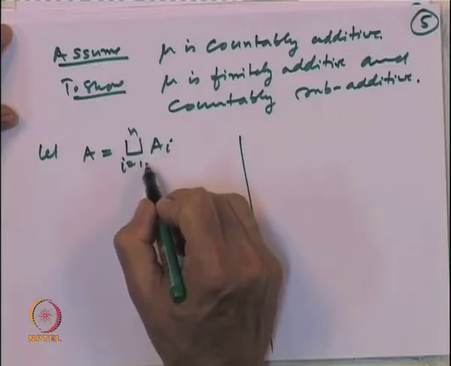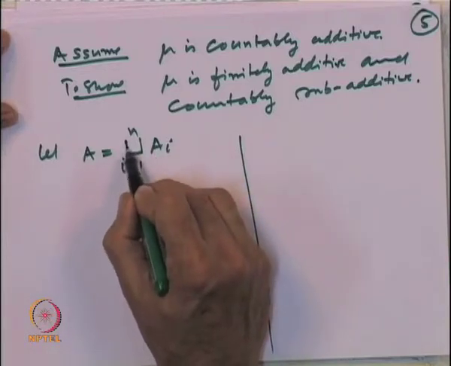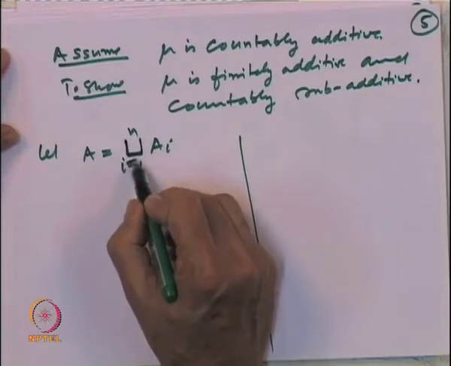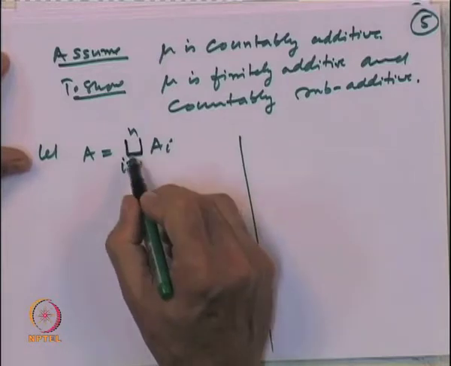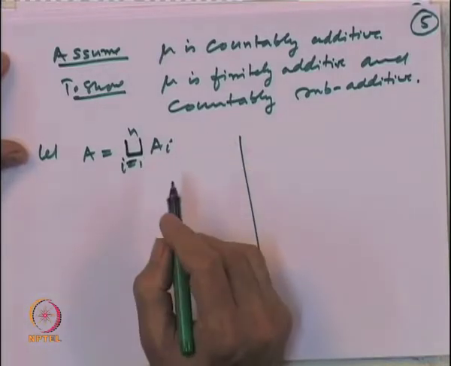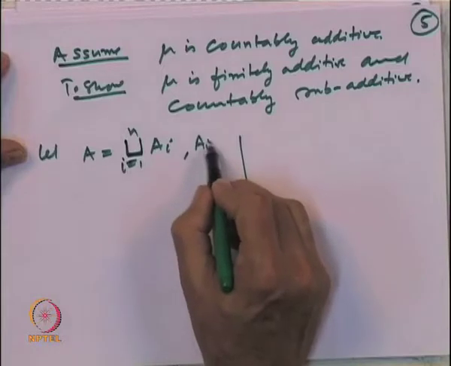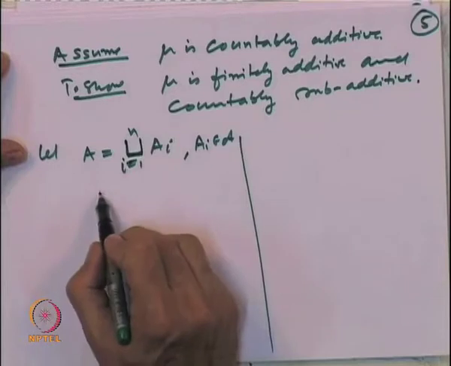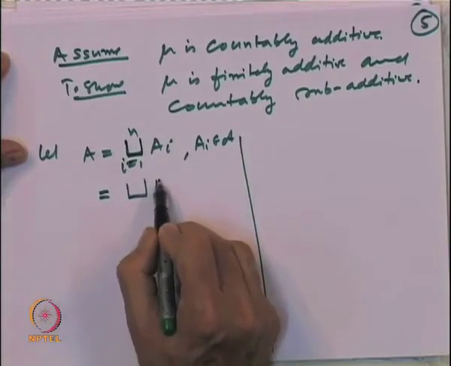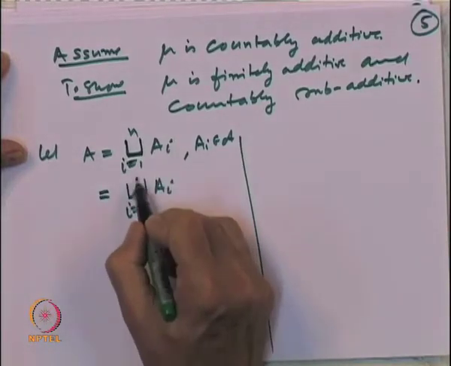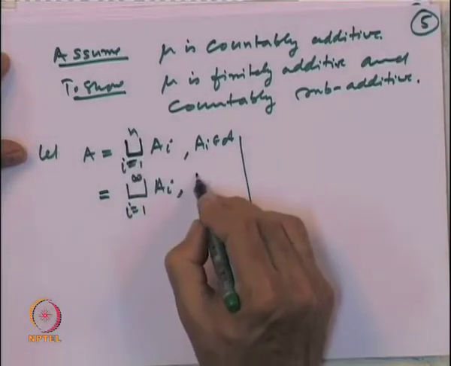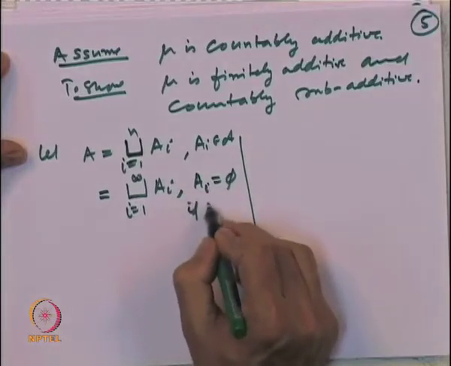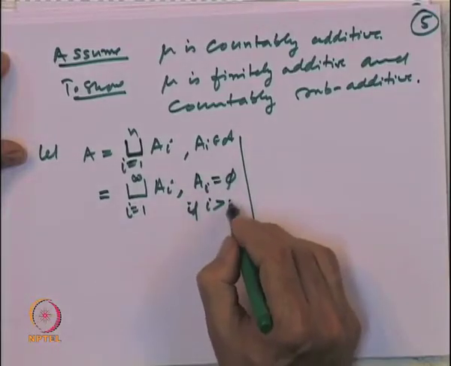Whenever the union is of pairwise disjoint sets, we will write it with a square union, a symbol for cup with a square, instead of the usual one. Where the A_i's belong to the algebra A. Now, I can also write it as the union of A_i, i equal to 1 to infinity, where A_i is equal to the empty set if i is bigger than n.